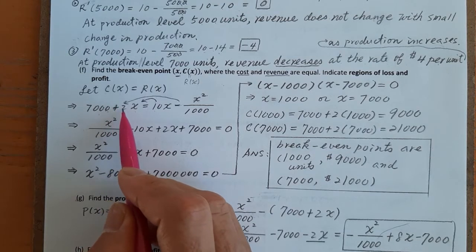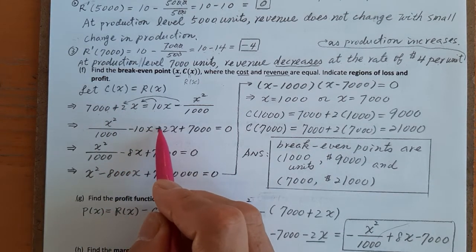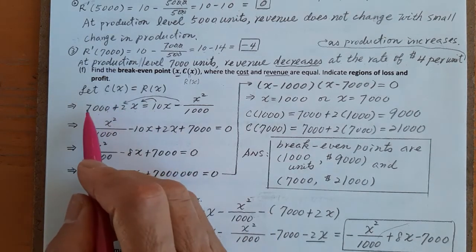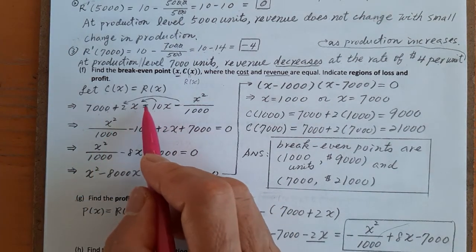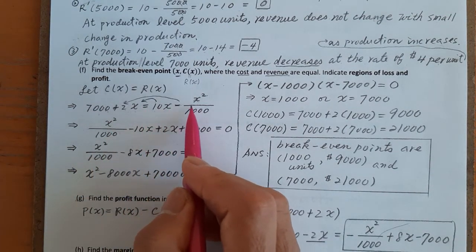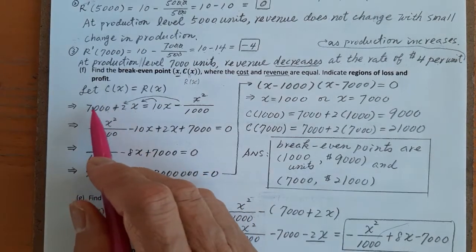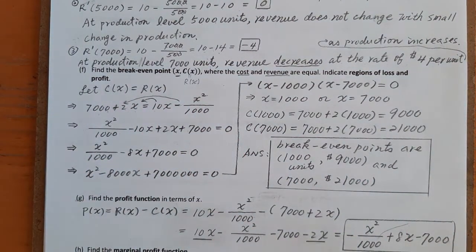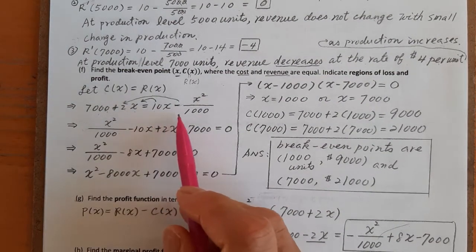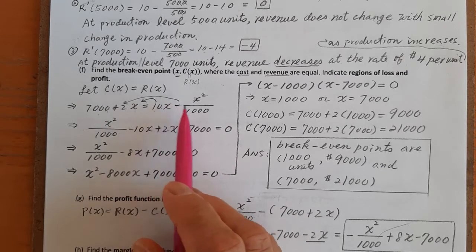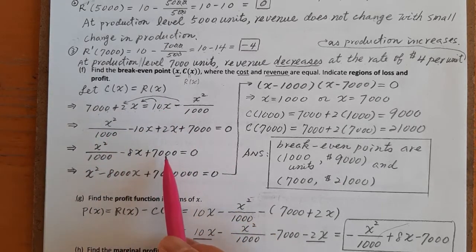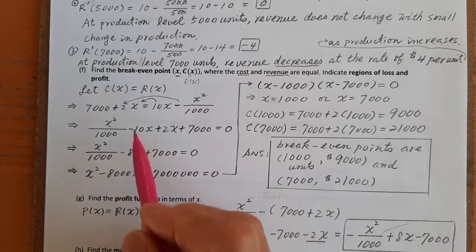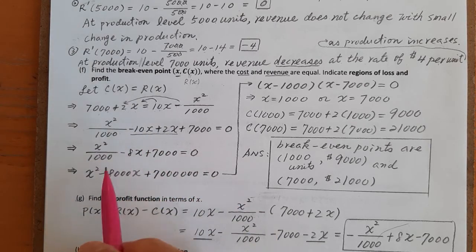And here 2x on left side, so don't change the sign, plus 2x, and then plus 7,000 equal. Since all the terms on the right side moved to the left, right side becomes 0. This is a quick way to do it. You can do subtraction property, addition property, and move the terms to the left. Then combine like terms.